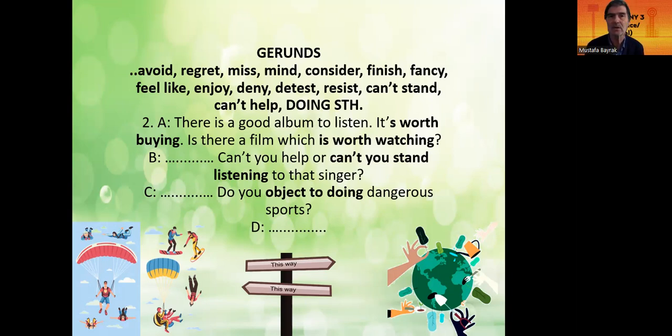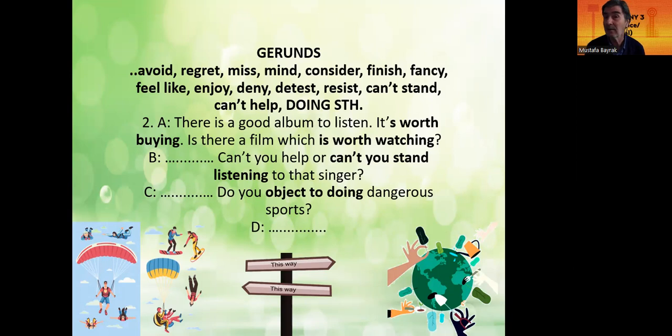Yes, enjoy doing something, deny doing something, detest, resist, can't stand, can't help. Can't stand has a negative meaning, can't help a positive meaning. For example, oh, I can't help eating watermelon. When I see a watermelon, I immediately want to eat it.